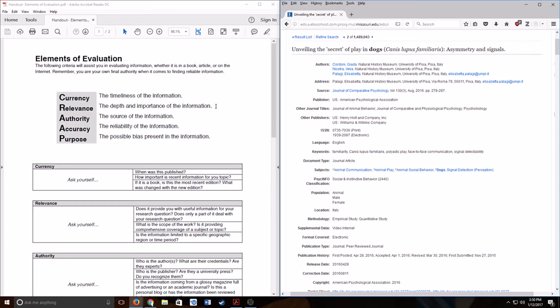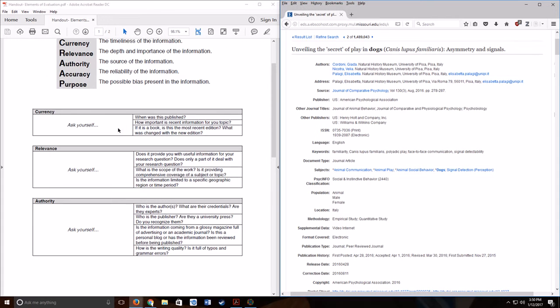So we'll start right off the top, currency. With a lot of articles, it tells you pretty quickly when and where it was published, and this was published in August 2016. So that's very recent. For some sources, especially in sciences and medicine, you really want newer sources just because it's the most up-to-date information.